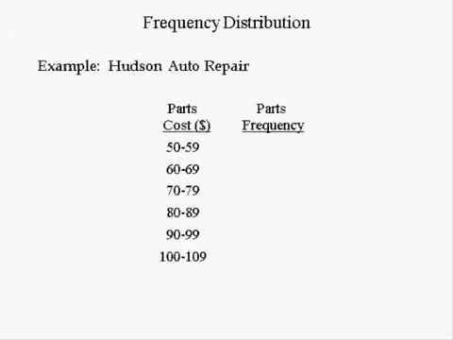The frequencies in the intervals 50 to 59, 60 to 69, 70 to 79, 80 to 89, 90 to 99, and 100 to 109 are 2, 13, 16, 7, 7, and 5. These sum to the sample size of 50.